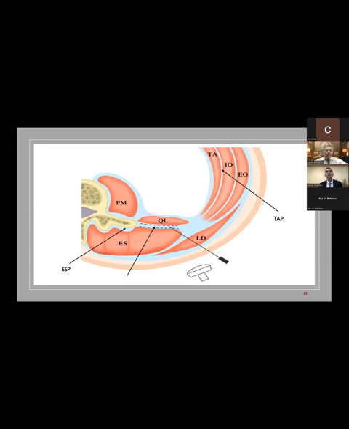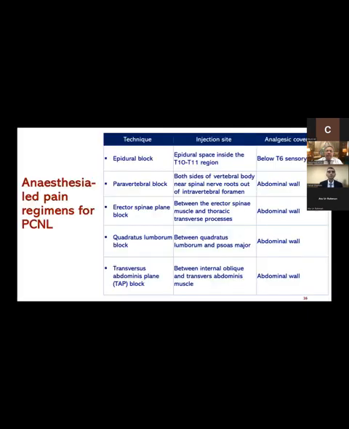Then we have a quadratus lumborum block, and then you can go more peripherally to the lateral abdominal wall to do a TAP block. But the TAP block does not have certain efficacy in PCNL because it does not cover those nerves which are involved in the pain originating from the PCNL.